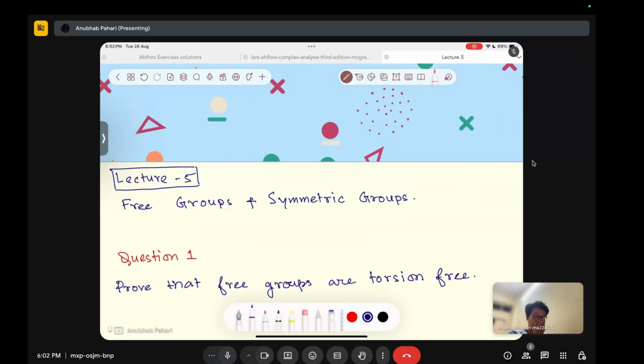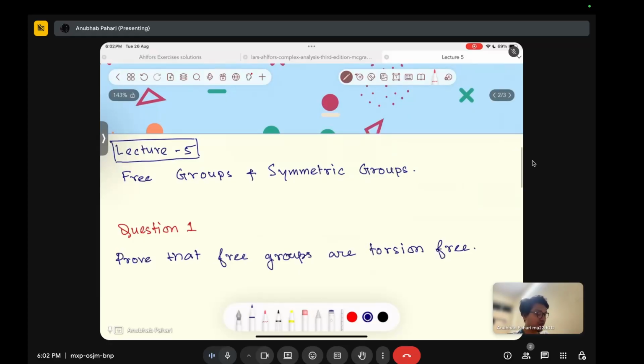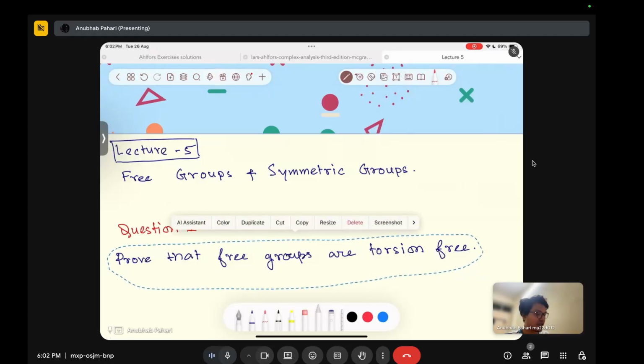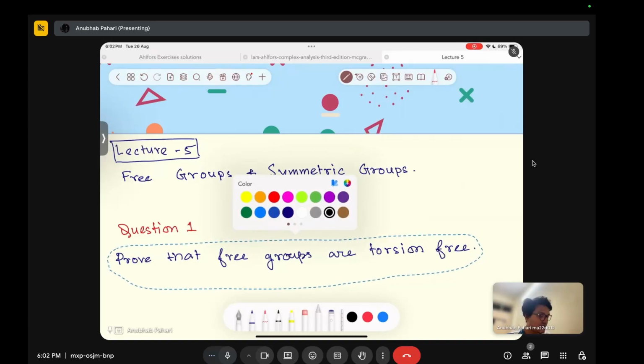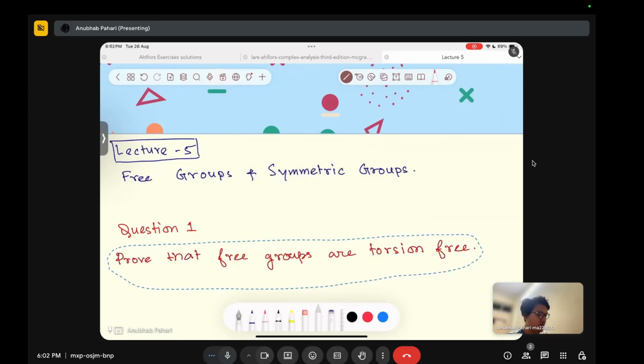So we know what a free group is, right? It is a group generated by a finite or infinite number of elements, such that the order of every element is infinite, and products are unique.